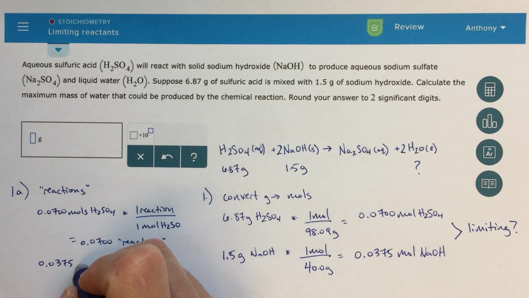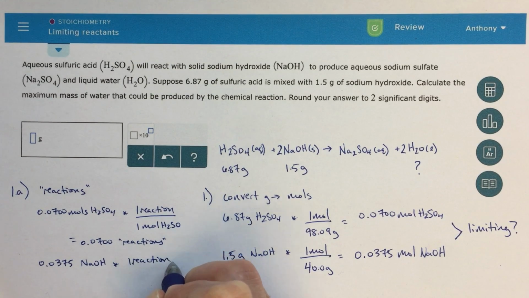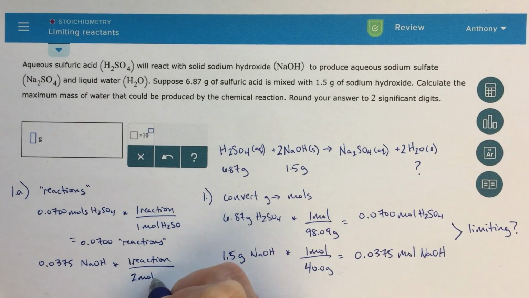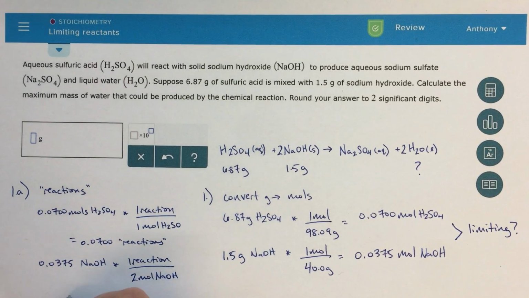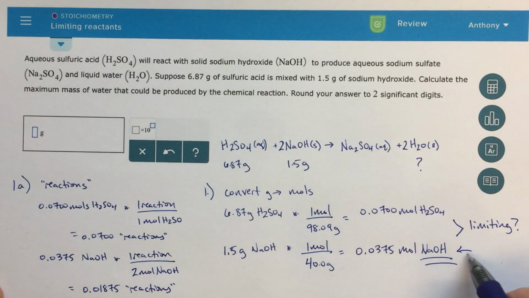So if you want to double check, this is the way to double check. 0.0375 moles of sodium hydroxide times one reaction requires 2 moles of NaOH. That tells me that with the sodium hydroxide, I can only do 0.01875 reactions. Now I'm going to compare the number of reactions, and this tells me that sodium hydroxide can do fewer reactions. That tells me that sodium hydroxide must be the limiting reactant.